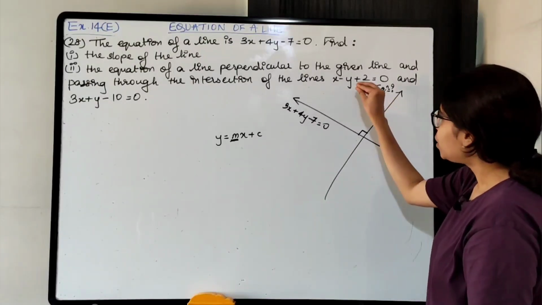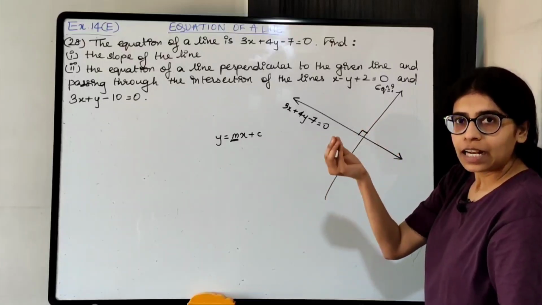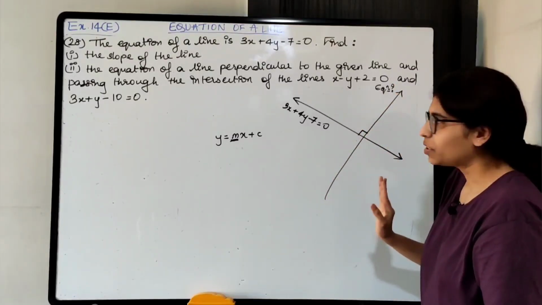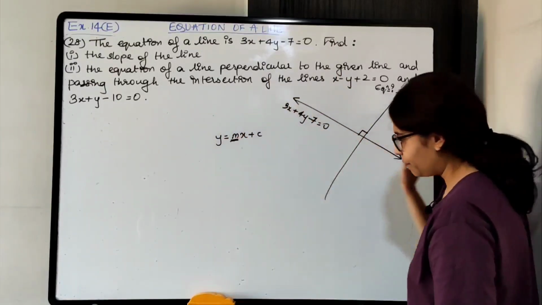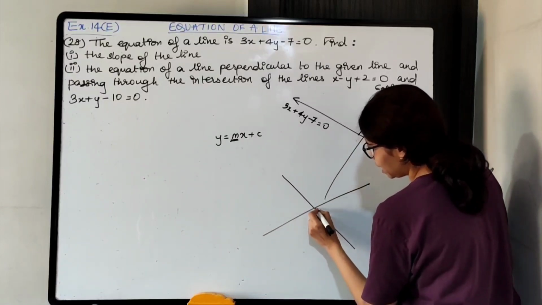So there are two lines which are intersecting at some point and ये point के through ये perpendicular line pass हो रहा है. Okay, so there are two lines which are intersecting at some point.